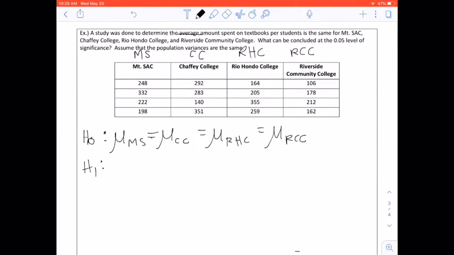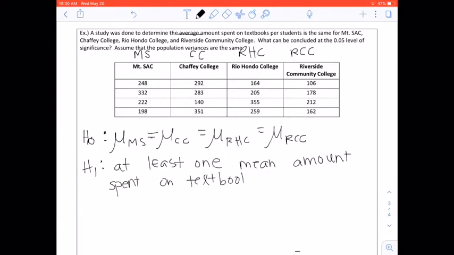H1, our alternative hypothesis, is going to start off with at least 1 mean amount spent on textbooks per student is different than the others.